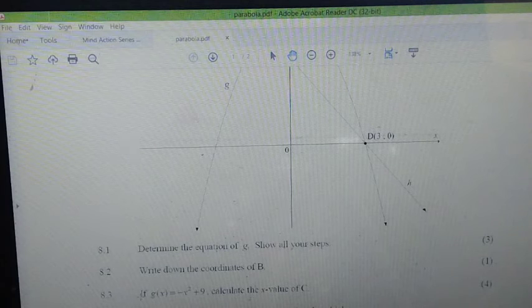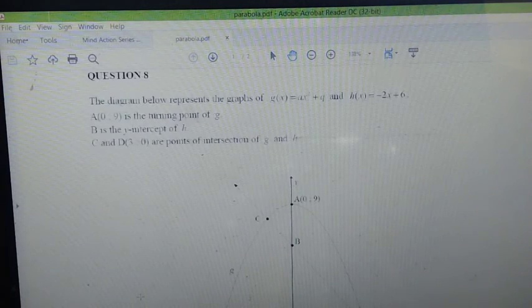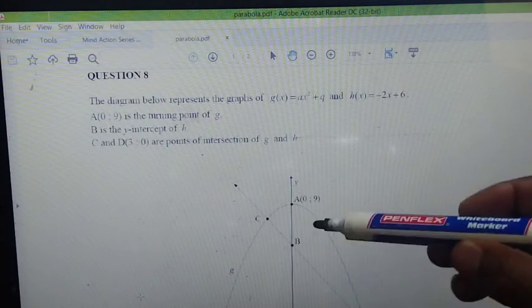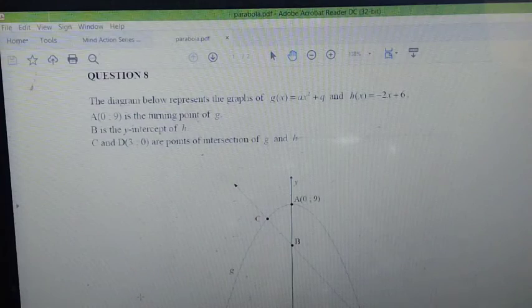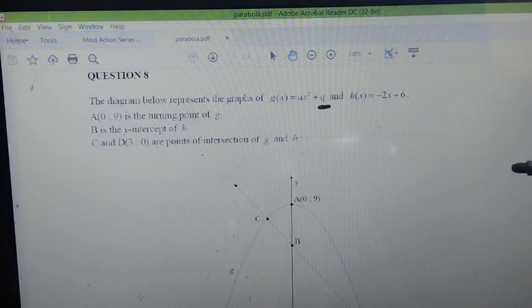All right, coming to questions. Determine the equation of g. Show all your steps. Now we need to understand that g is a parabola, a quadratic function, and in grade 10 we know that the turning point is always along the y-axis. It's only changed from the origin by shifting up or down.